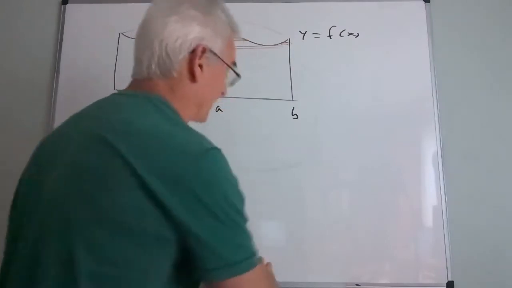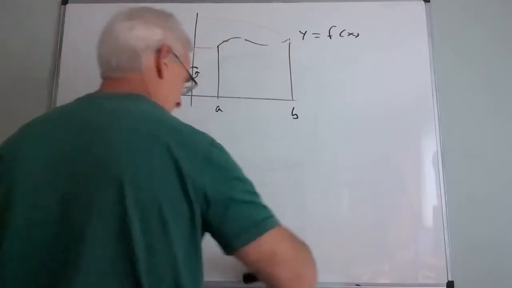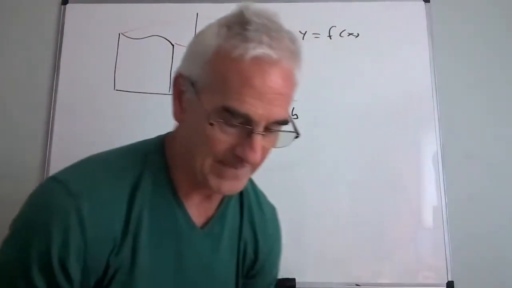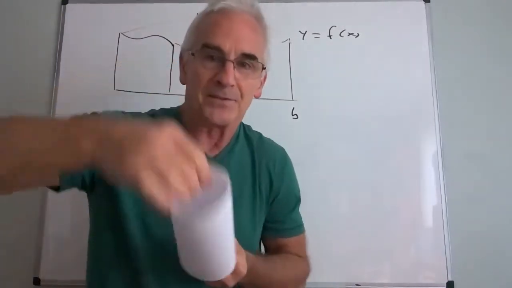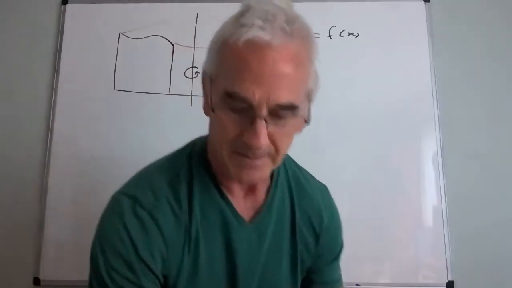But you say, how do I do a vertical slice? My vertical slices would not be circular. No, they wouldn't, unless I slice like this. I'm going to take my circular cylinder and slice this way.